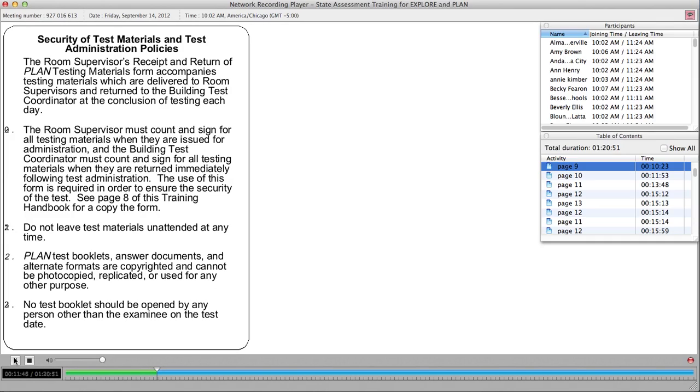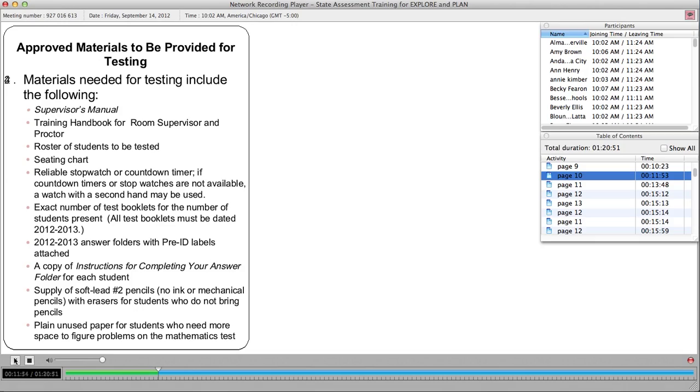No test booklet should be opened by any person other than the examinee on the test date. So that is very important. No test booklets or answer folders are needed for demonstration purposes. And as we get into reading accommodations, the test administrator will not need a student's booklet to do that either.